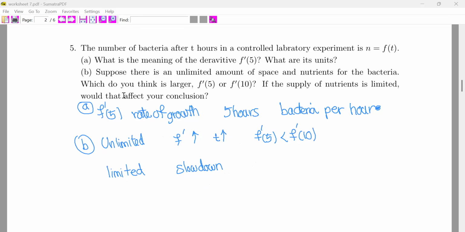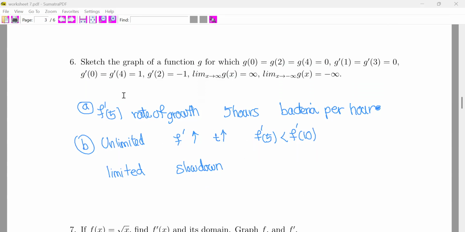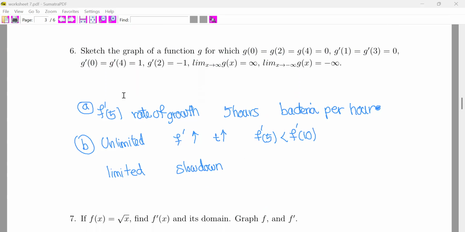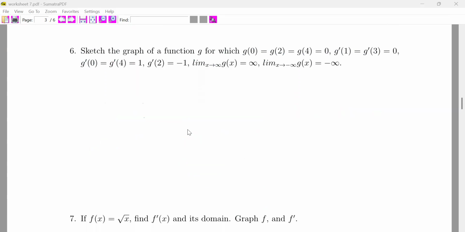Let's move on to number 6. Sketch the graph of a function g for which g of 0, g of 2 and g of 4 are 0.